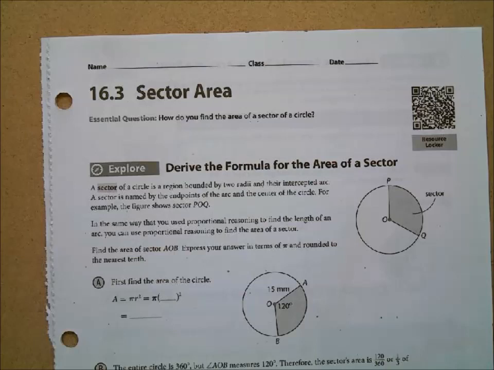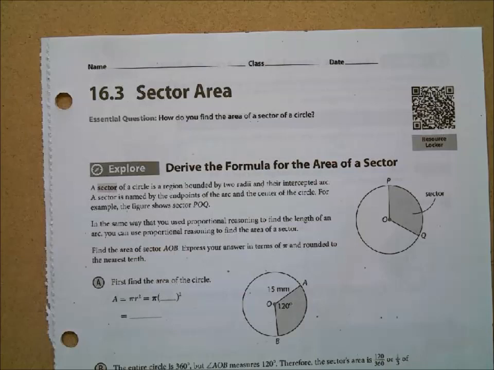So for the area of a sector, all you need to know is to take the area of a circle and put an m over 360 in front of it, and then proceed from there. So I will give you the area formula, and you'll need to know to do times m over 360. That's it. Just like for arc length, I will not give you the arc length formula. I'll give you a circumference formula. You'll then need to know that you put an m over 360 in front of it to get the actual arc length of the circle.